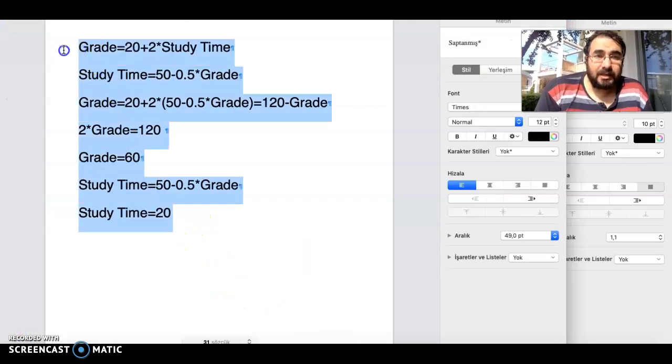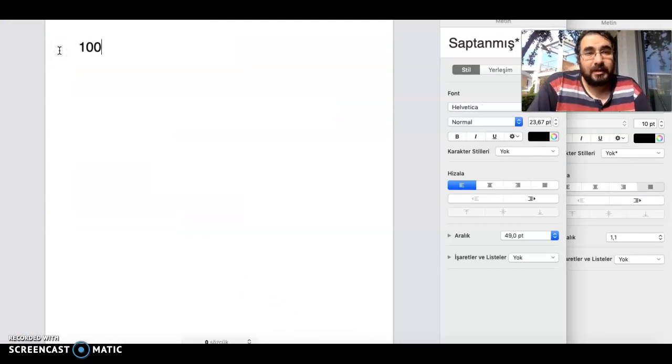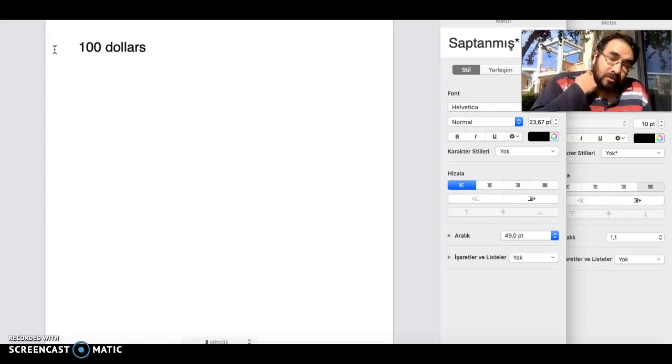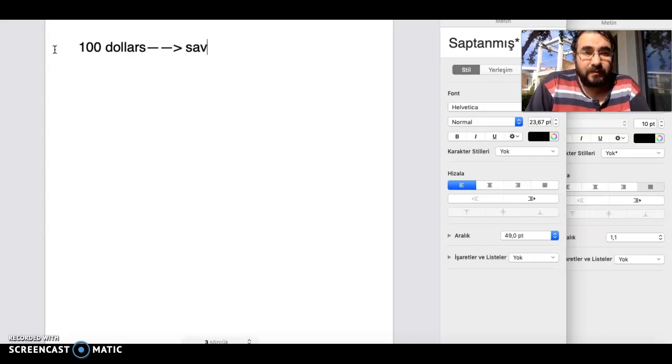Let's say someone is making $100 of spending, and another person will get this money. The person who received this amount of money will save part of it.